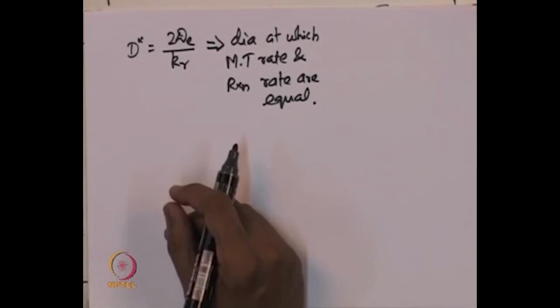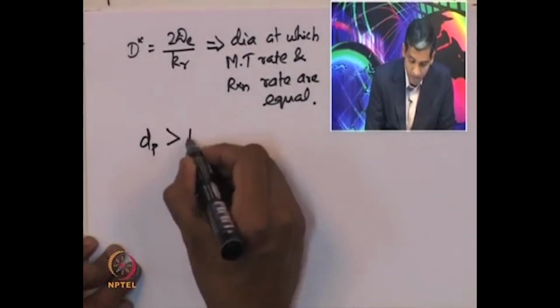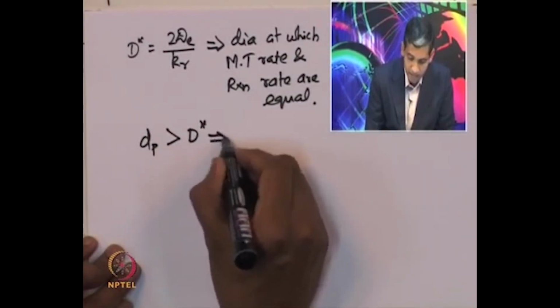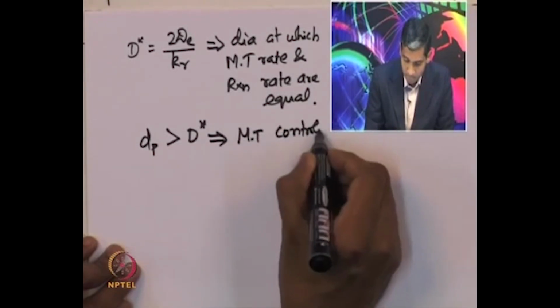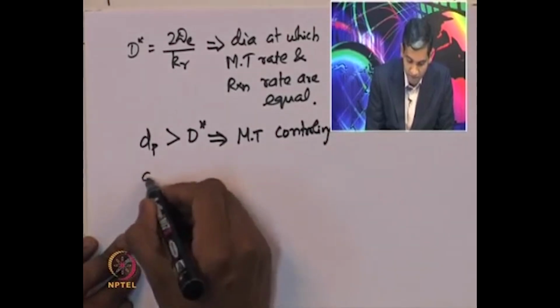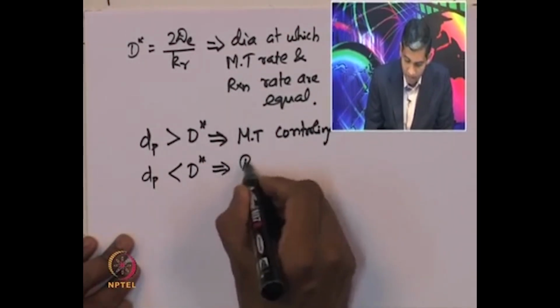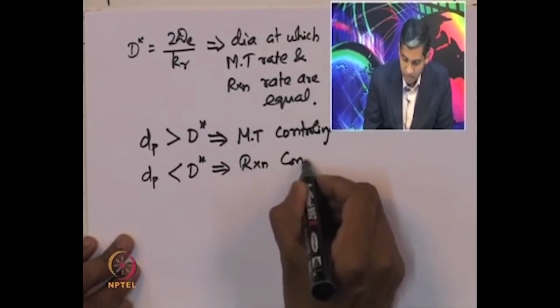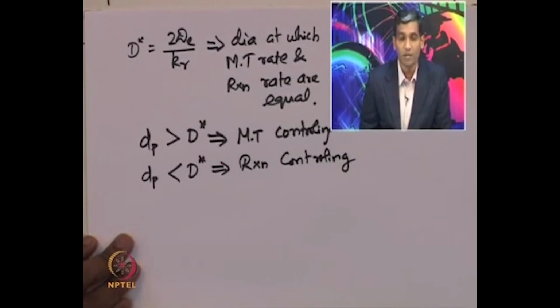Therefore, if the diameter of the particle is larger than d star, it can be expected to be mass transport controlling, while if the particle diameter is less than d star, it is expected to be a reaction controlling scheme. The overall conversion is expected to be reaction controlling.